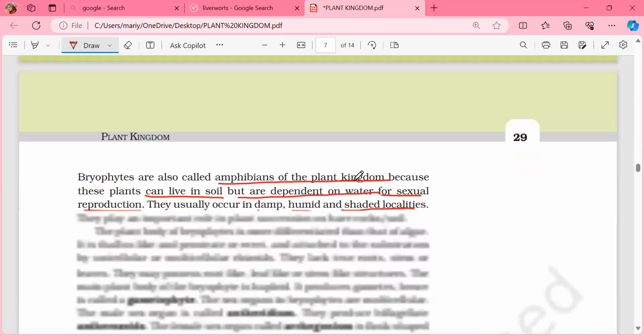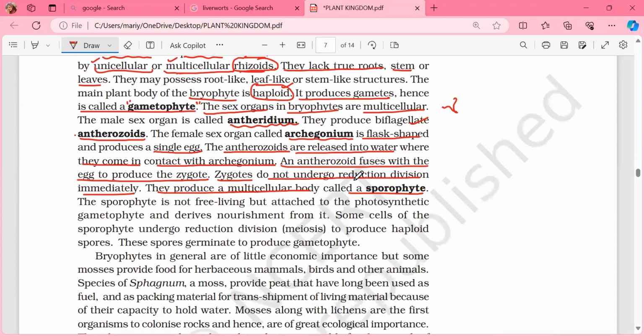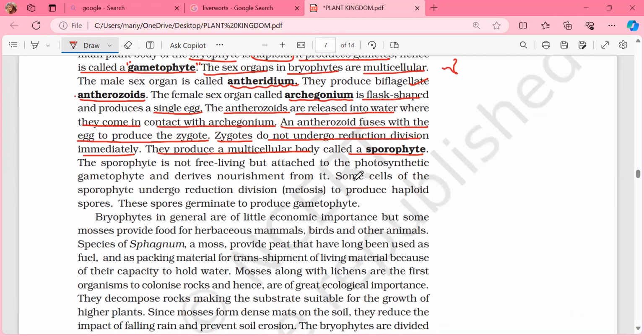And when that happens, obviously a zygote will be formed, but this zygote does not undergo reductional division immediately. Then what happens is that they would produce a multicellular body which is known as a sporophyte. So zygote will give rise to sporophyte.